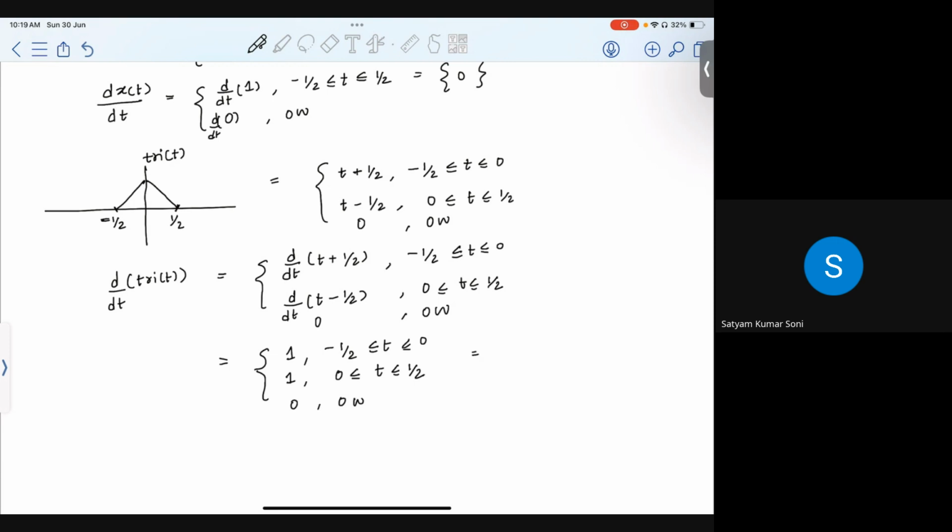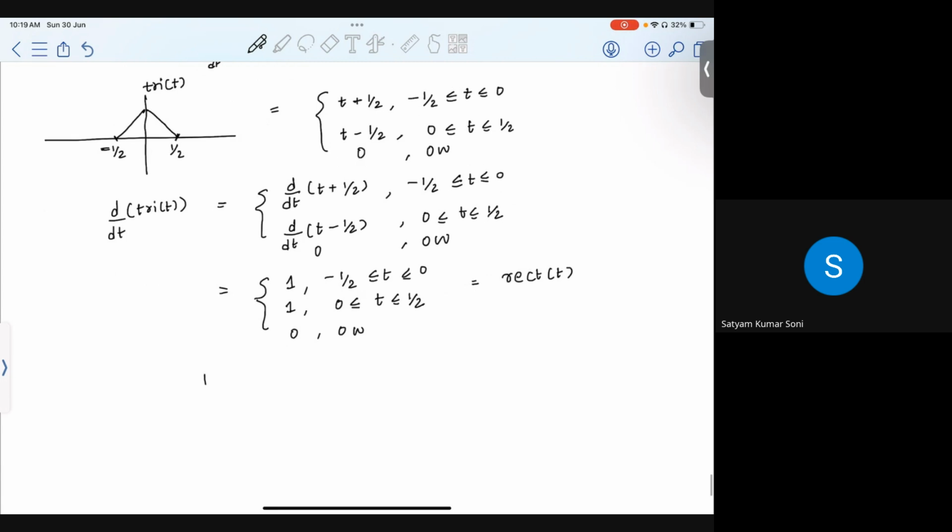So this is simply the rectangular function. What you got is that the derivative of the triangular signal is nothing but the rectangular signal.